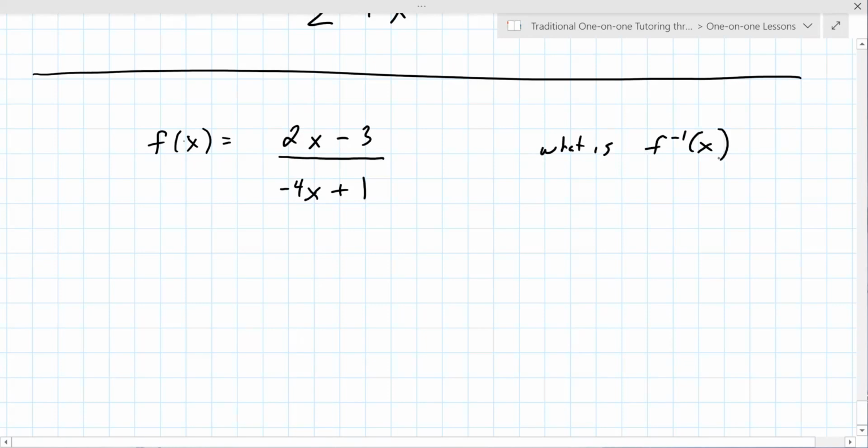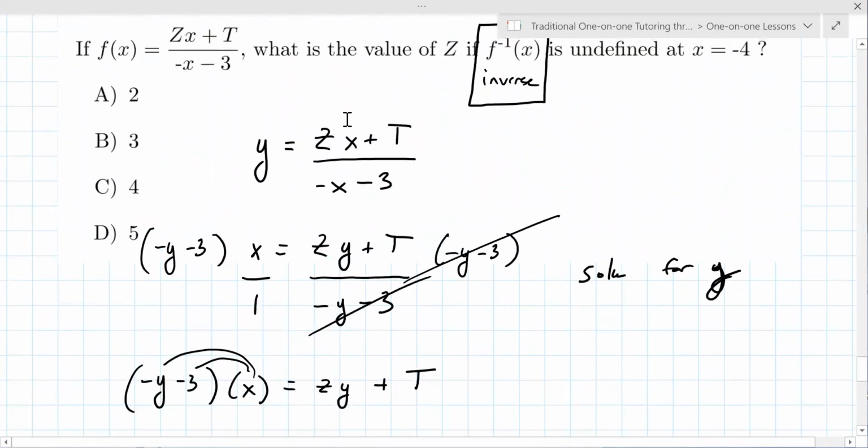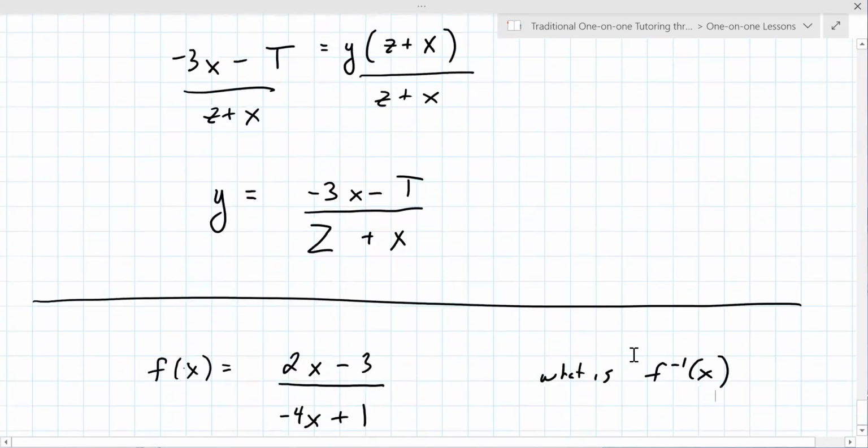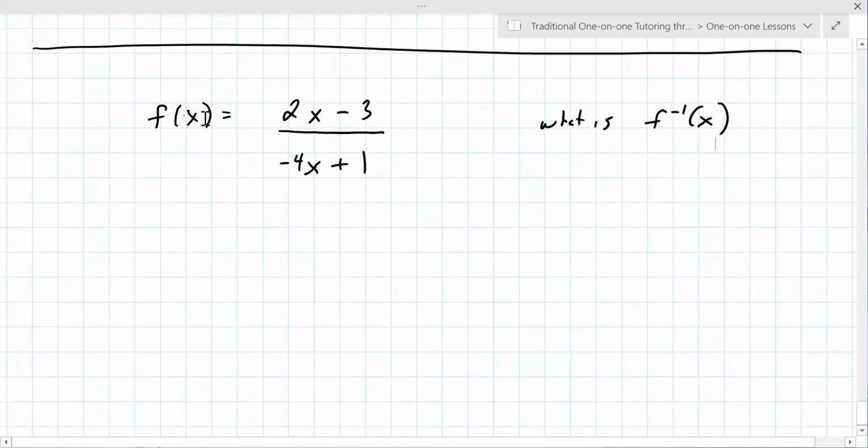Take 2 minutes. It's the same thing we just did, except there are no letters, just x and y. Don't forget to switch y and x. I'll give you another minute, so go ahead and get started on that, please.